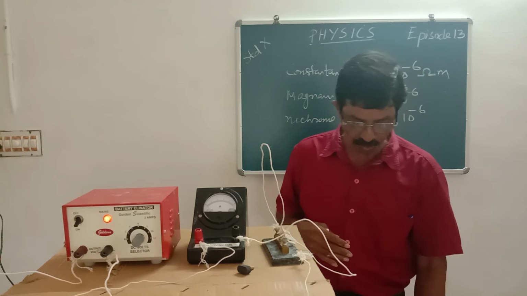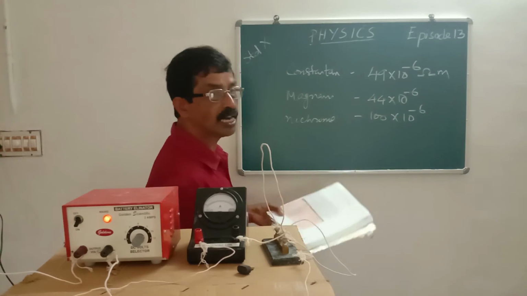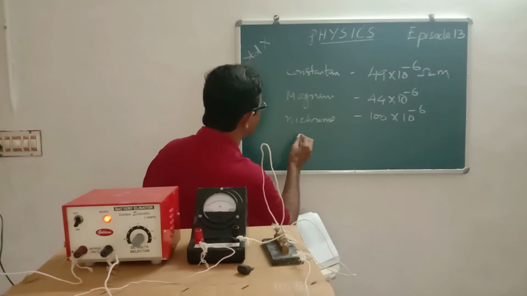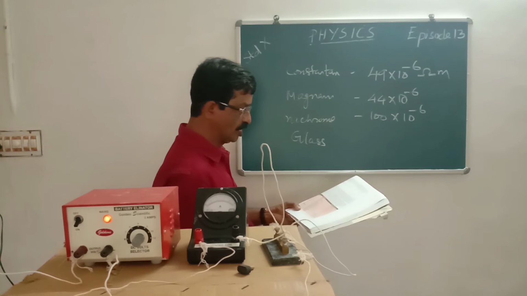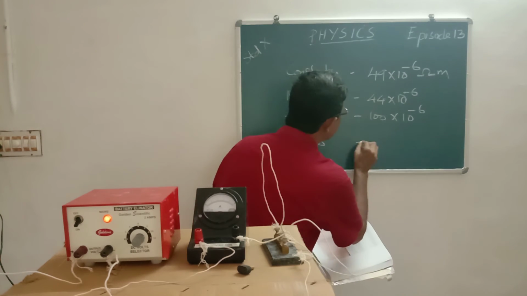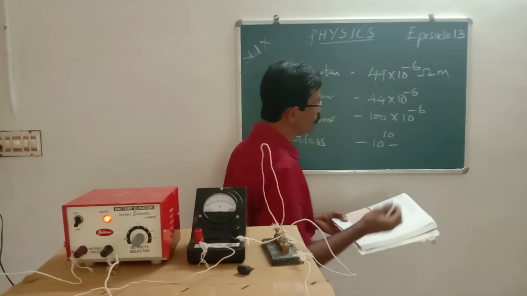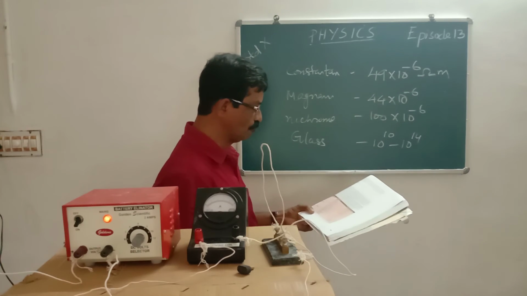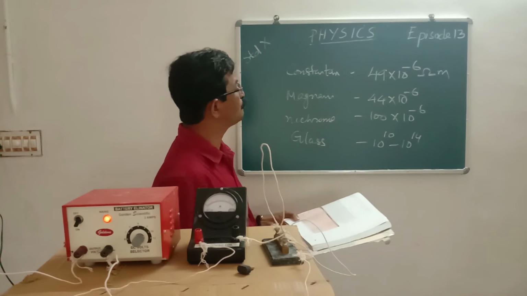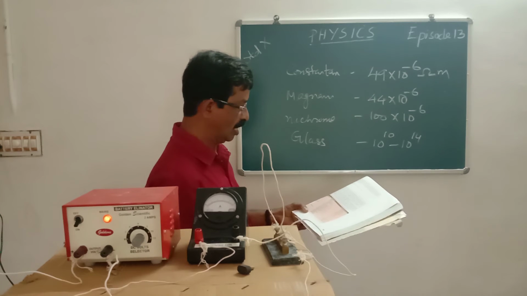Now insulators. See here, what is the resistivity of an insulator? Glass: its resistivity varies from 10 raised to 10 to 10 raised to 14.